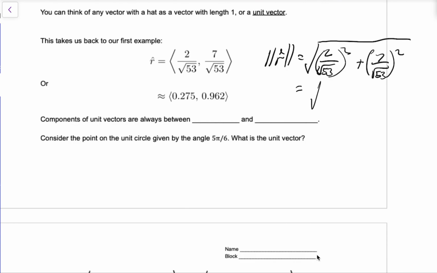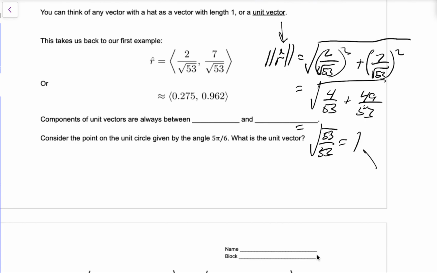So we'll have the square root of 4 over 53 plus 49 over 53. That gives us the square root of 53 over 53, which equals 1. So the magnitude of this is 1, which is what we were hoping for in a unit vector.